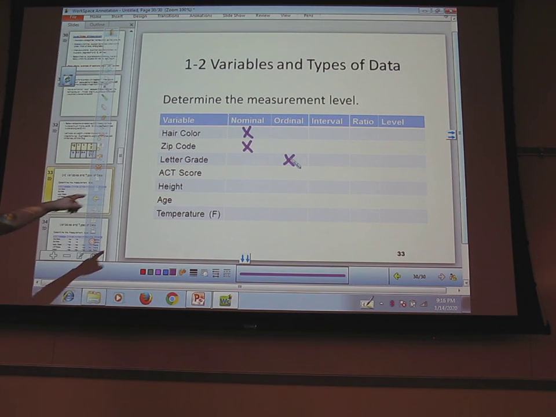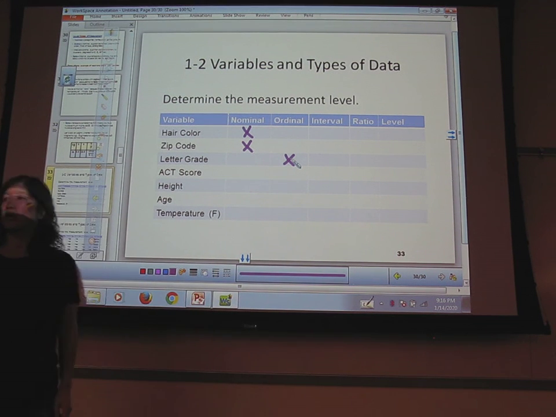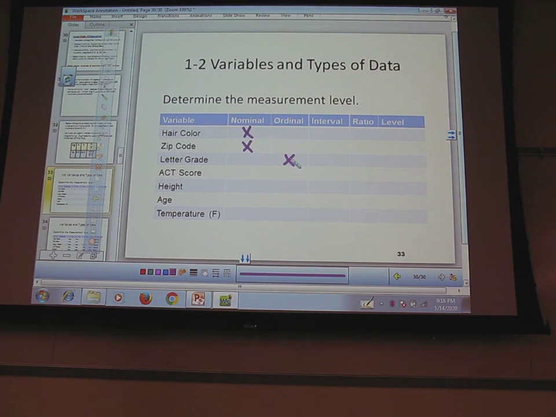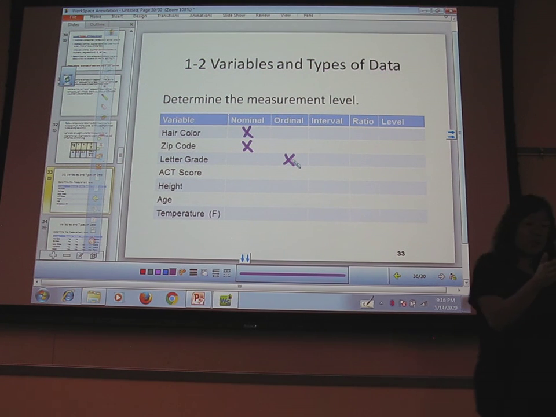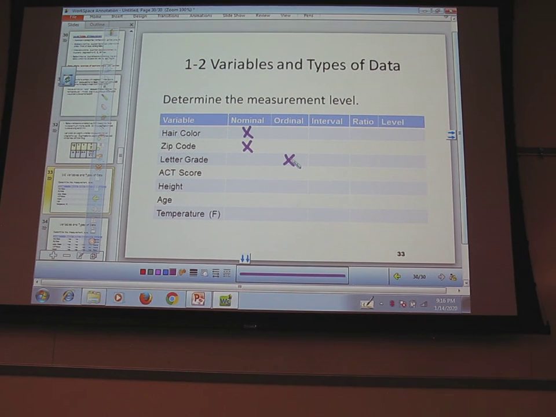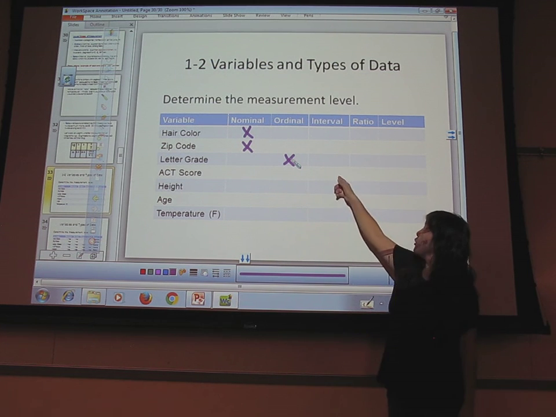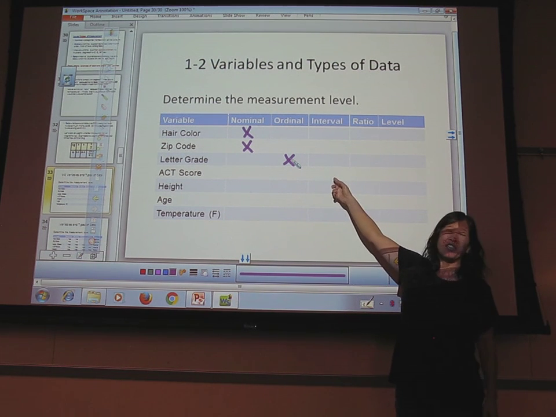So first of all, are ACT scores ranked? Yes. So if you have a 34, it's higher than a 27. Is the difference between a 26 and 27 the same as the distance between a 30 and a 31? Yeah, I think it is. But I don't think you can get a 0 on an ACT score.